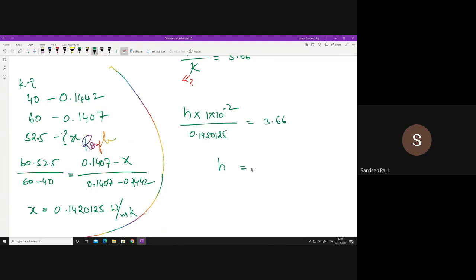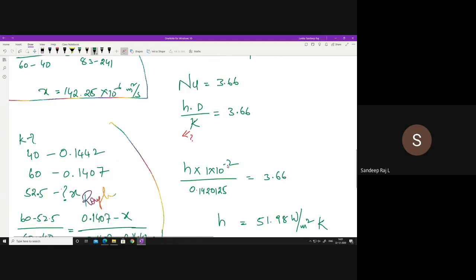Only unknown is h. Calculate the h value. 51.98. Yes. Watt per meter square Kelvin. That is the h value.